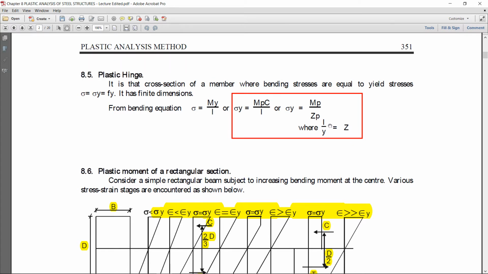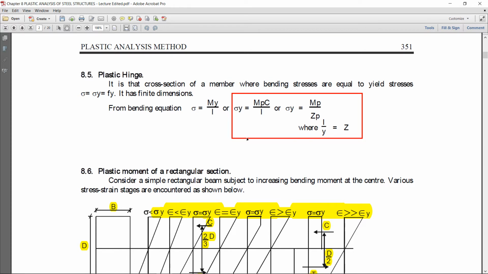If the member is in the elastic range, that is the elastic section modulus. After yielding, that is called the plastic section modulus. So when the hinge forms, definitely that will go into the plastic range, so that's why Zp. Okay, sigma y will be equal to Mp over Zp. That is the same formula of bending, just a little change.